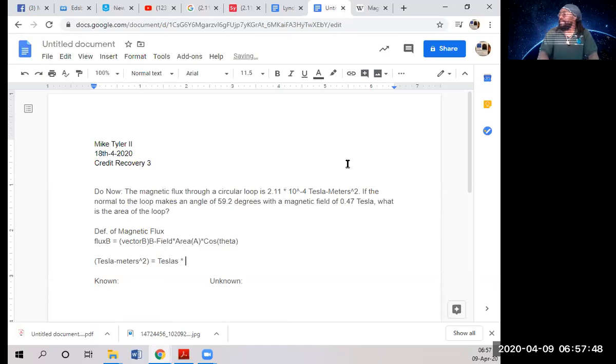This is going to be multiplied by your area, which is usually in meters squared. And this will be multiplied, of course, by cosine, and spell that out for some people that don't know that, trigonometry and degrees.